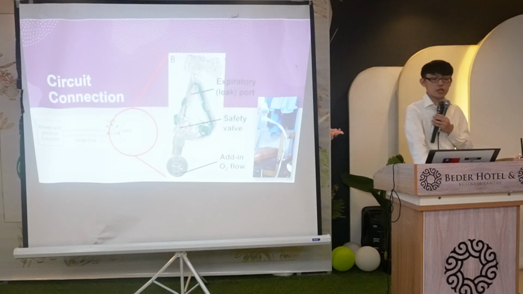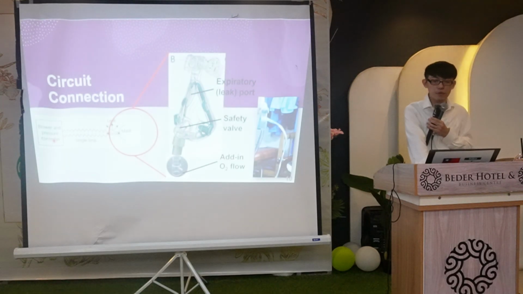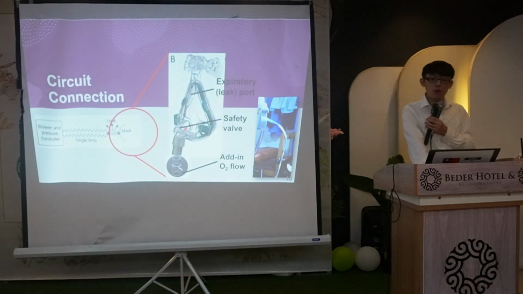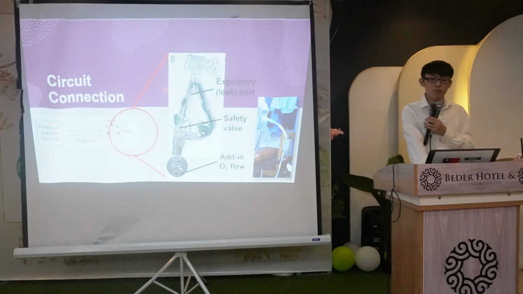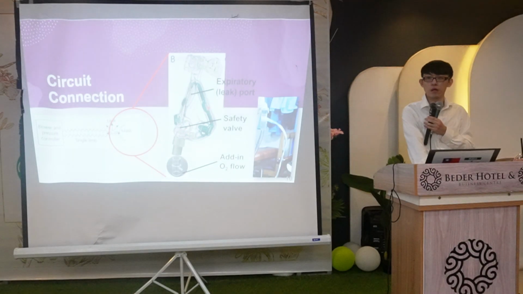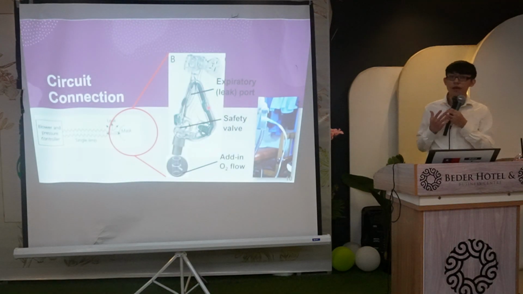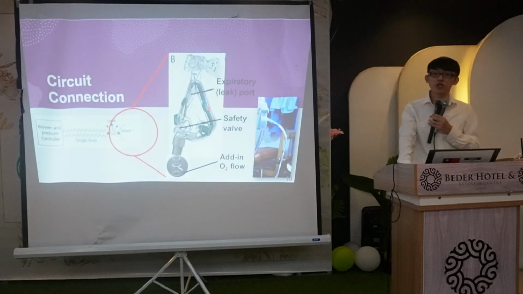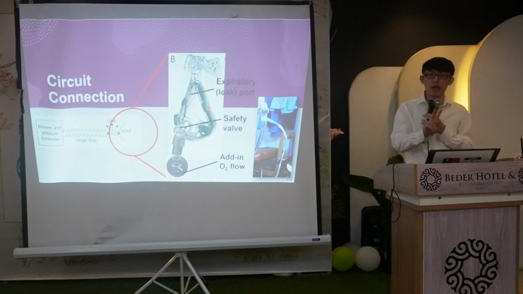During normal conditions, this valve is closed. But if the BiPAP machine or CPAP machine is not working, is shut down, this valve will open to let the patient breathe room air from this port. So this just prevents suffocation. Later in our workshop, we will let you connect the device.